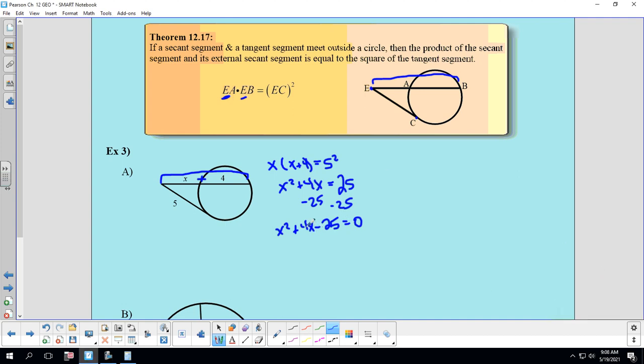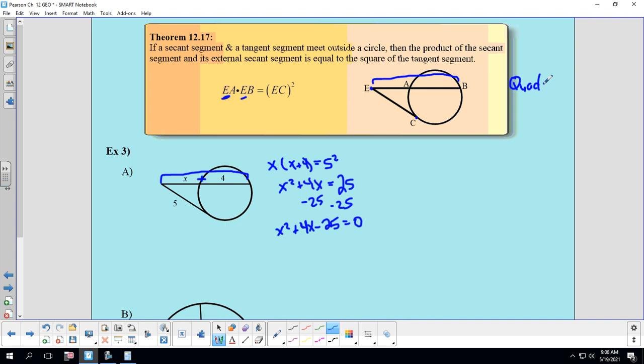All right, here we are again. This guy, unfortunately, is not factorable. There are not two numbers that multiply to give you negative 25 and add to give you positive 4. So we're going to use the quadratic formula again.